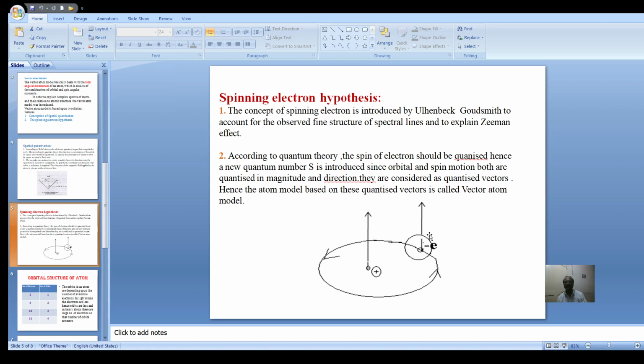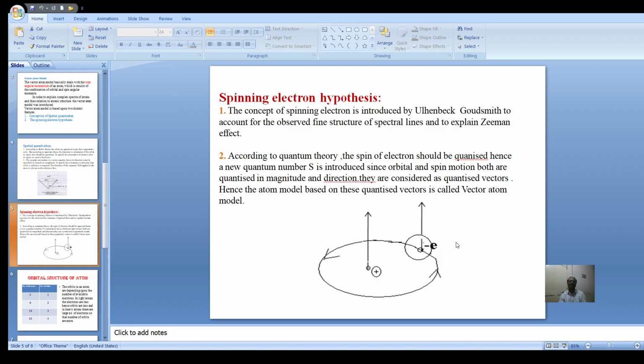This motion of electron about its own axis gives us the spin motion, and the motion of electron about the positively charged nucleus gives us the orbital motion. The orbital motion gives the orbital angular momentum, and the motion of electron about its own axis gives us the spin angular momentum. This spin angular momentum capital S and orbital angular momentum capital L both combine to give the total angular momentum vector capital J.